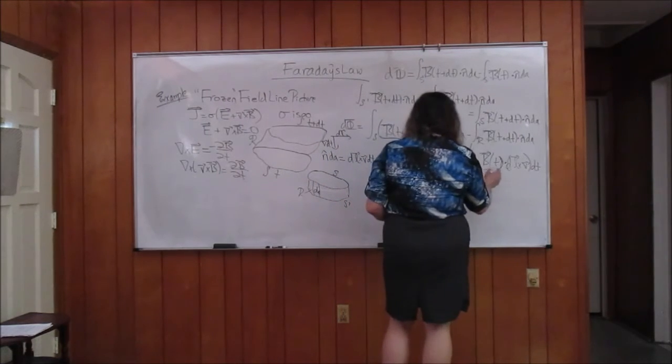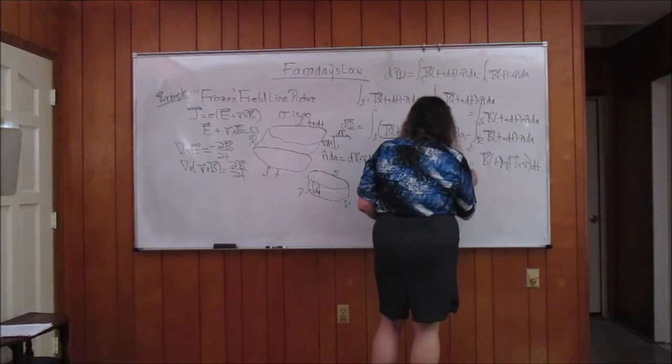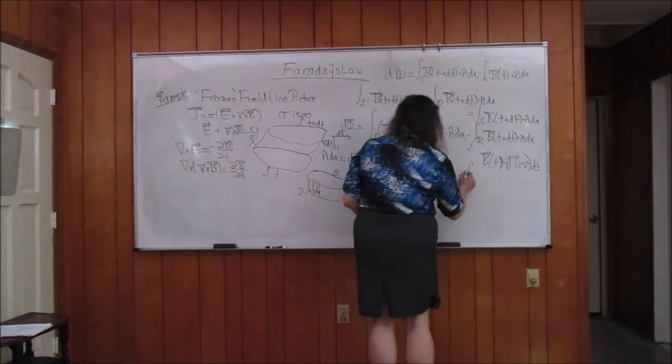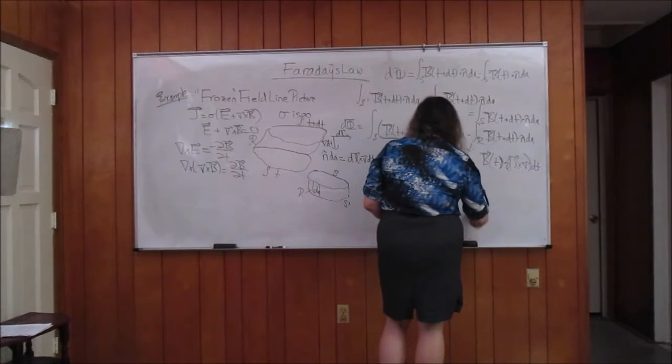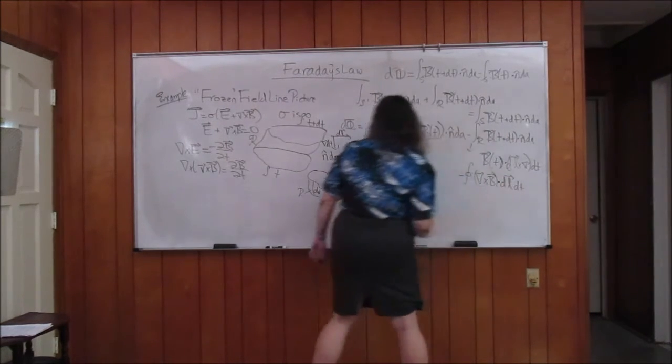And we can permute those quantities, so this will lead to minus the line integral of v cross B dot dl times dt.